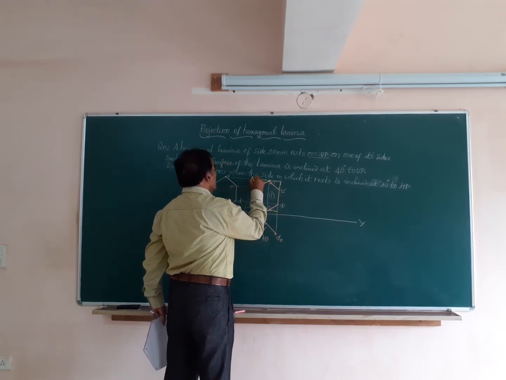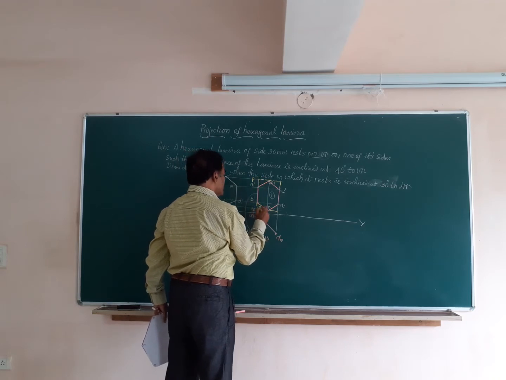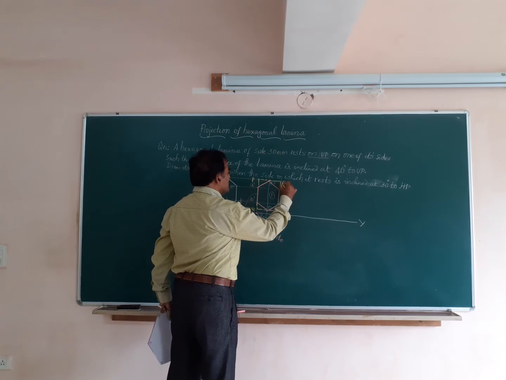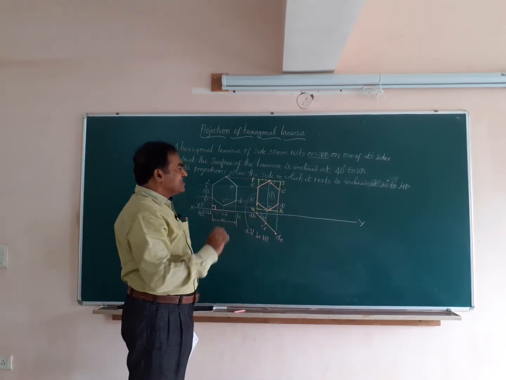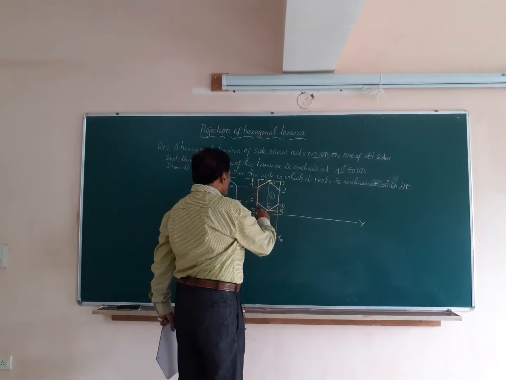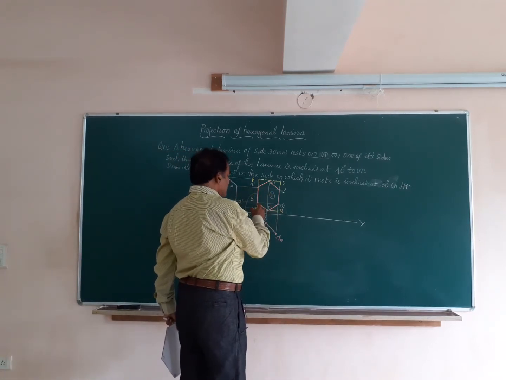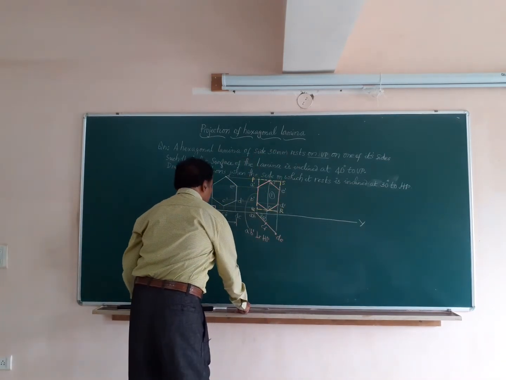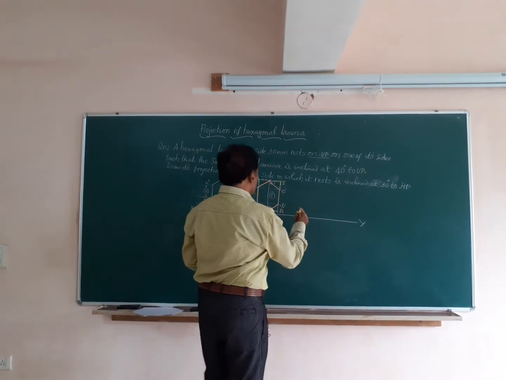Here I will name this as P, this is Q, this is R, and this point is S. So I am going to redraw this box PQRS such that this PQ on which the side AB is there is at an angle of 30 degrees to HP. Now it is perpendicular. Redraw this figure.